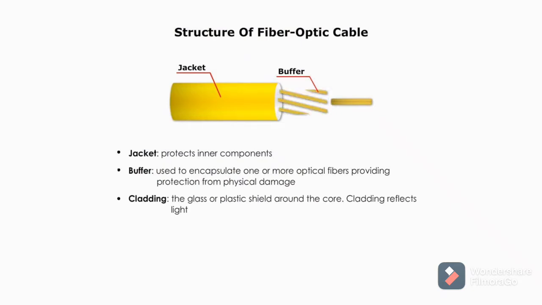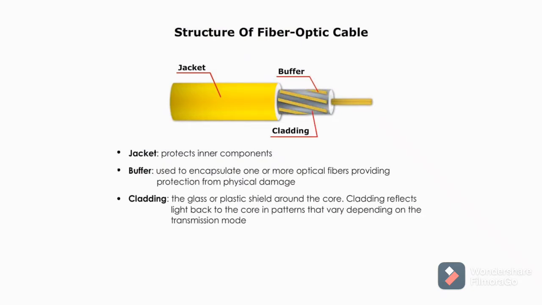The layer around the fiber core is the cladding. Cladding is a glass or plastic shield around the core. The cladding serves two purposes. One, it protects the core. Two, the cladding reflects the signal down the fiber. In other words, light travels through the core by constantly bouncing off the cladding.